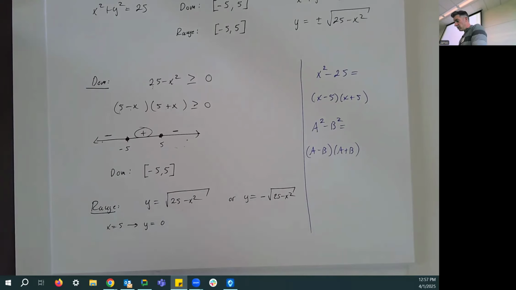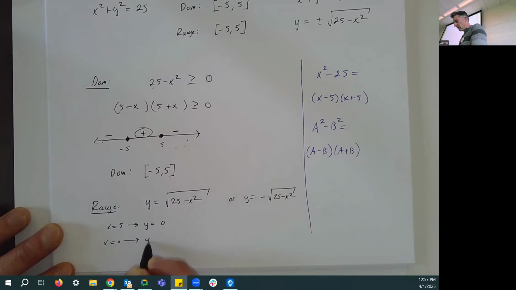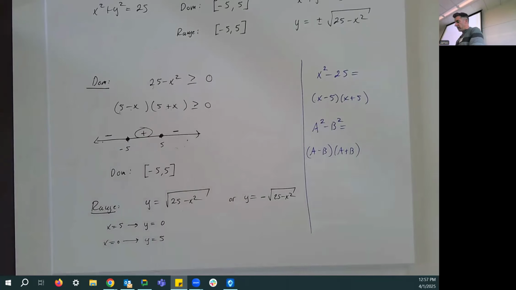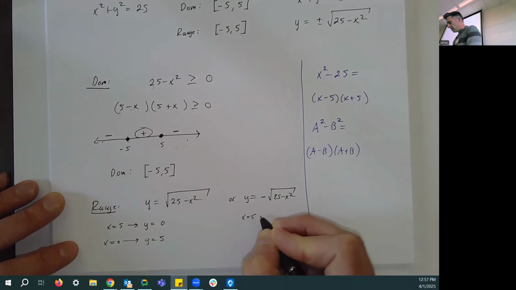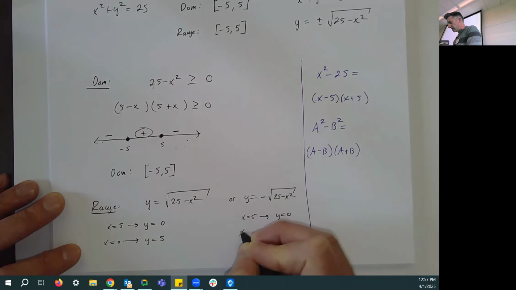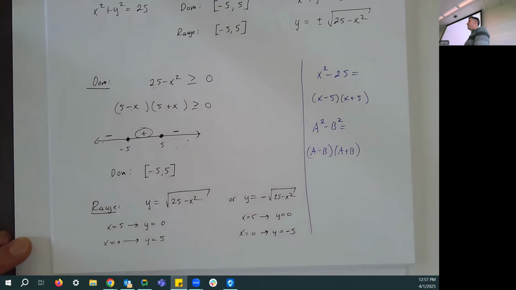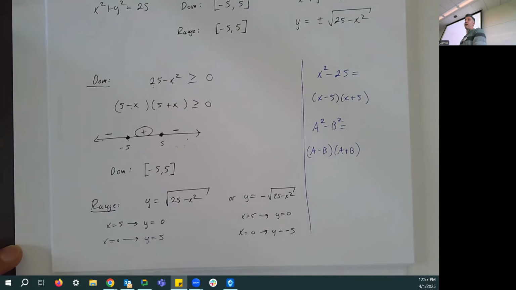If x is 0, we're going to get y equal to the square root of 25, which is 5. And then over here, for the lower half of the circle, same sort of deal. If x is 5, we get y equal to 0. If x is 0, we get y equal to -5. So we can see that it goes all the way from -5 to 0 and 0 to 5. So our range is also -5 to 5.